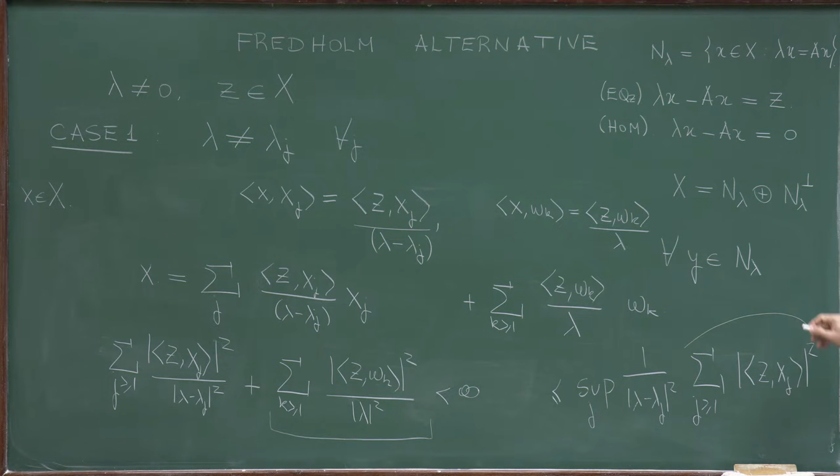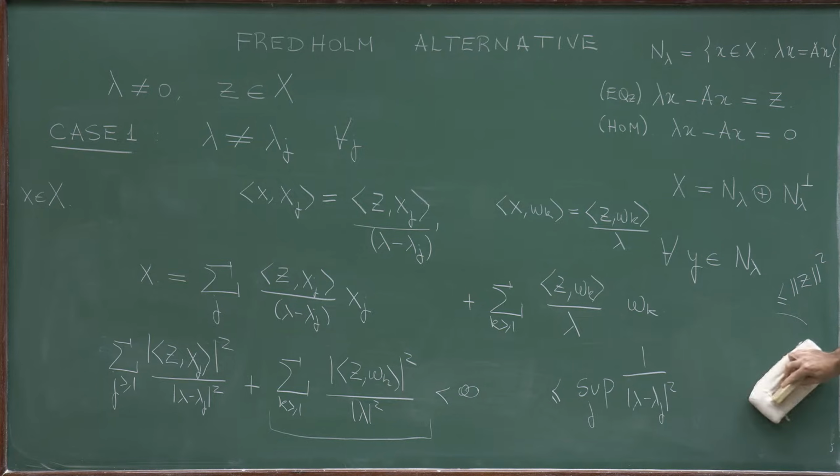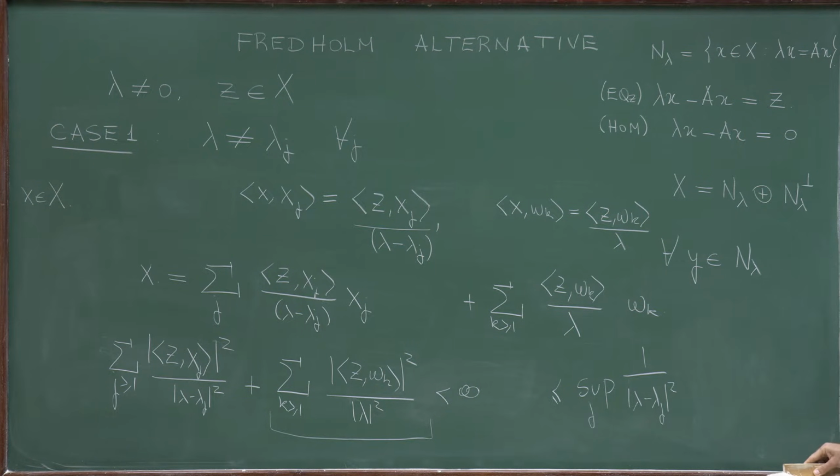Again, this sum is bounded by the square of the norm of z, because these x_j all have norm equal to 1 and they are orthogonal. So this is by Bessel inequality again. What remains to be shown is that this supremum is finite, but this supremum is finite because we know that the λ_j's converge to 0.